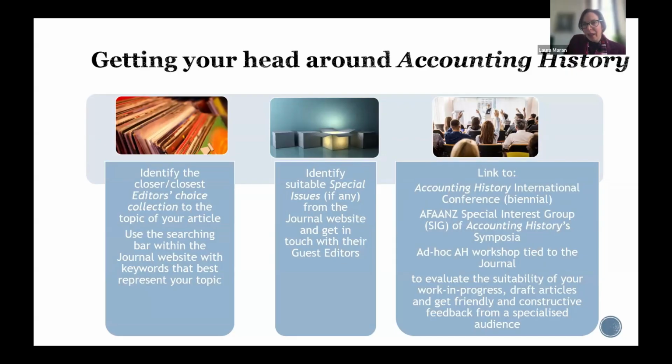Accounting History provides a lot of resources for any author who targets it as a publishing outlet. Identifying the closest Editor's Choice collection may help authors to reconnect with the debates that are coming through the journal.